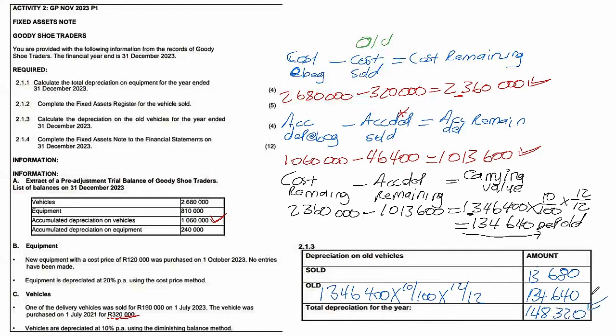Right. So now we have our depreciation on equipment, both combined, amounted to 148,320.